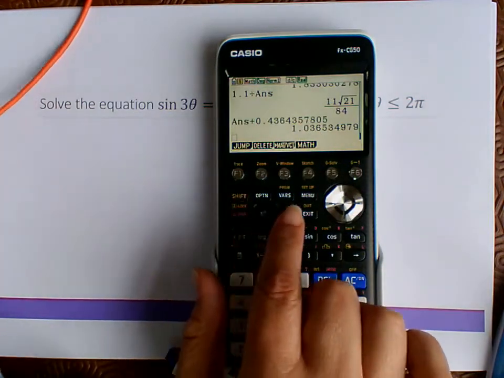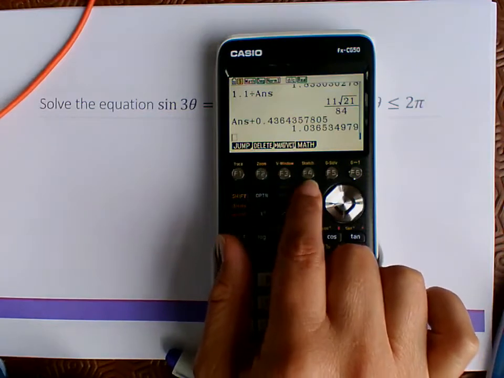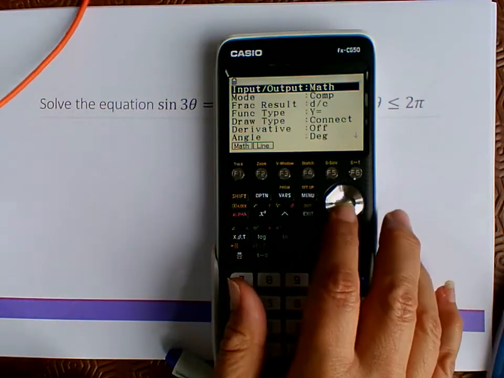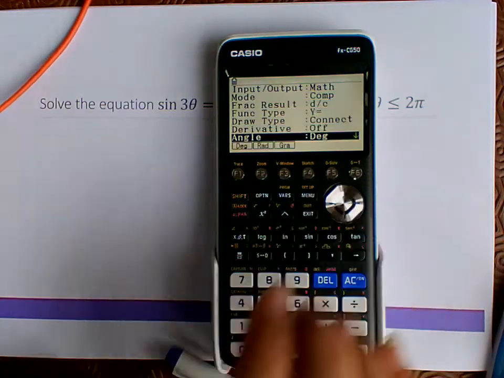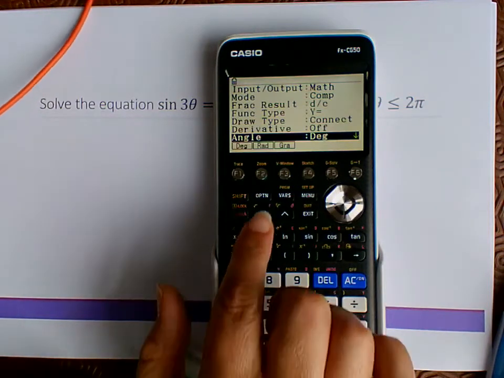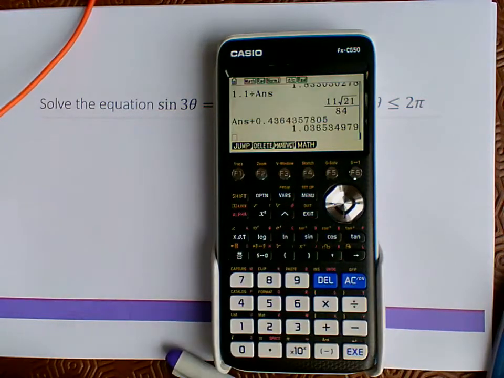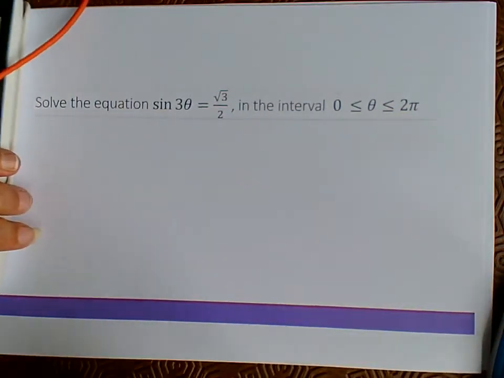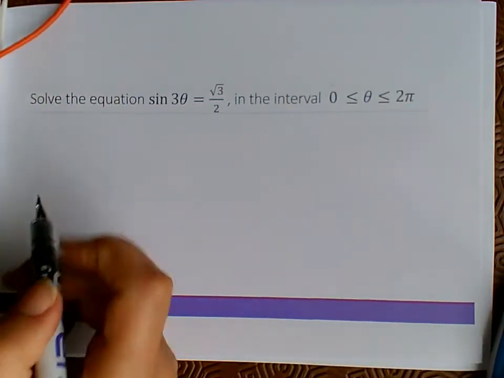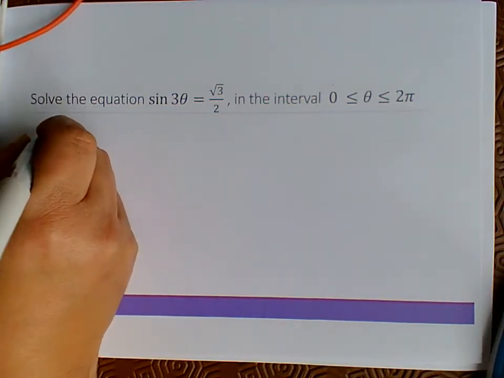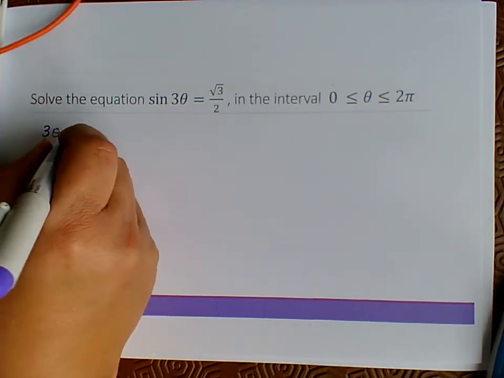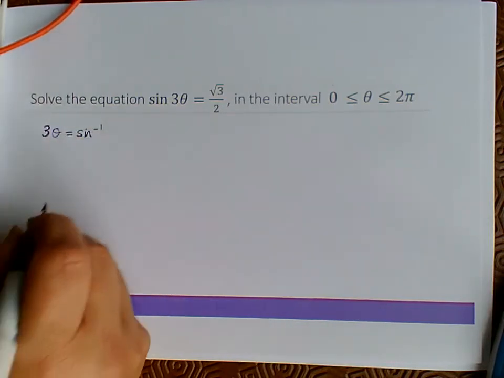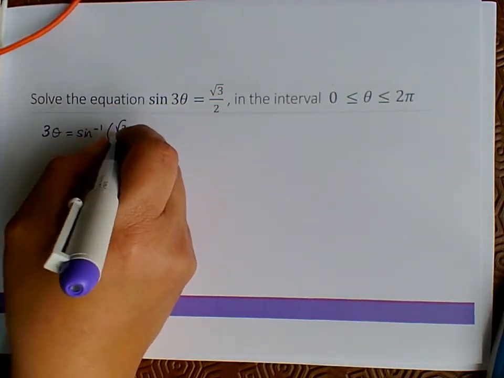So shift, menu, because that gets me the setup function. If I scroll down to where it's the angle, I can swap to radians and I'm all good to go. So if sine 3 theta equals root 3 over 2, then I know that 3 theta is equal to sine to the minus 1 of root 3 over 2.